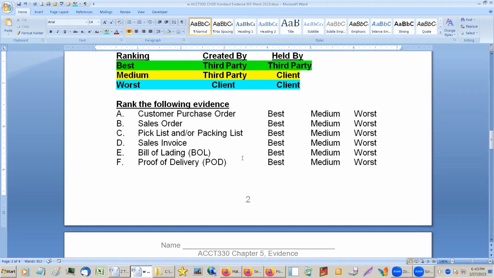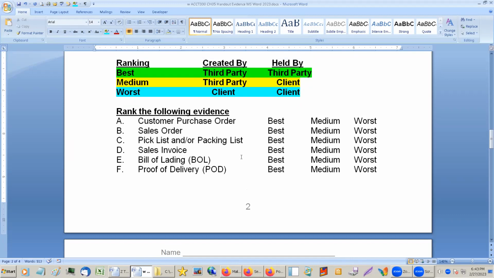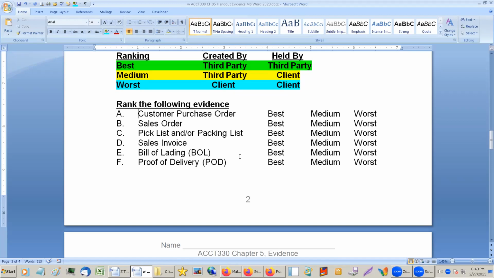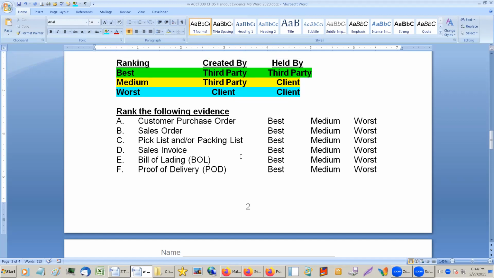Would it be the best, medium, or worst? The customer sends a purchase order directly to the auditors, or no, to the client. Medium? Good. Yeah, you're right.